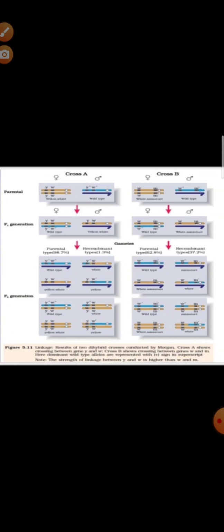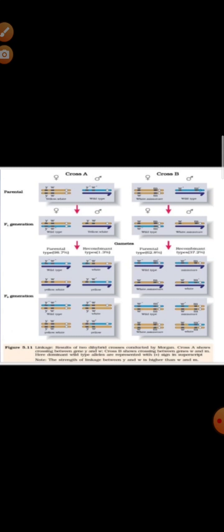Now here you can see the linkage, which is the result of two dihybrid crosses. This experiment was conducted by Morgan. You can see cross A, which shows the crossing between the genes of small y and small w, and cross B shows the crossing between the genes of small w and small m. In this chart you can see that the dominant wild type alleles are represented with a plus sign in superscript.